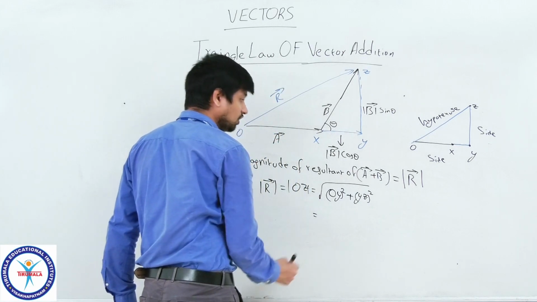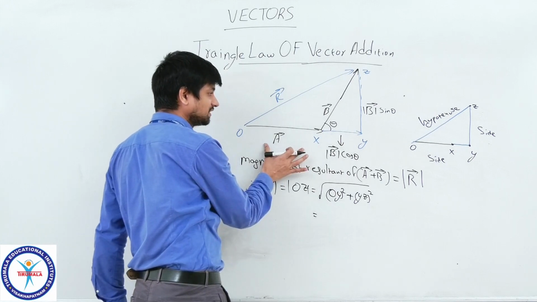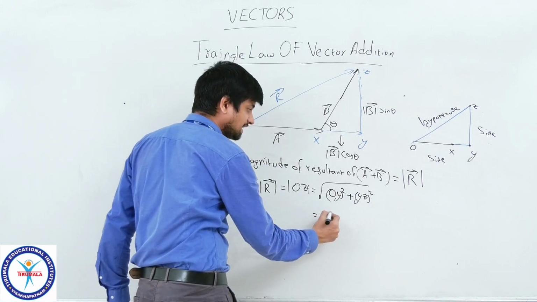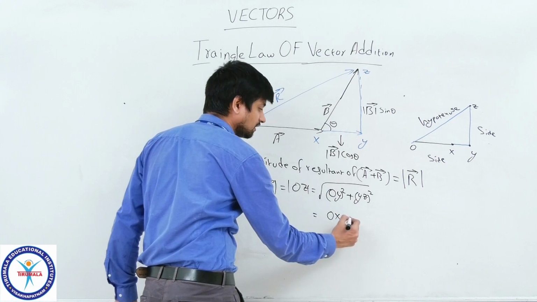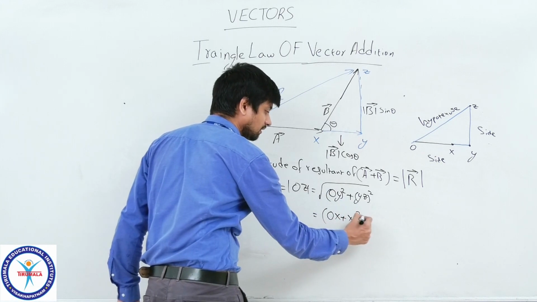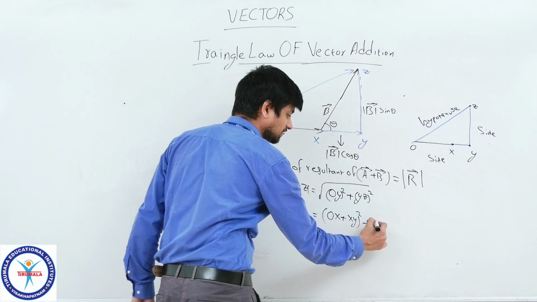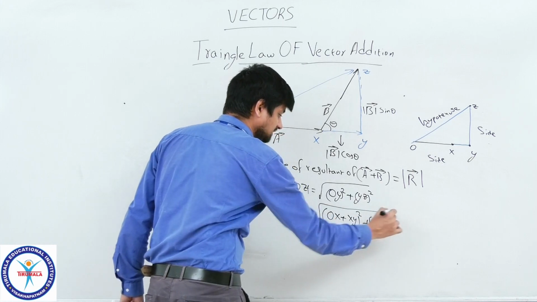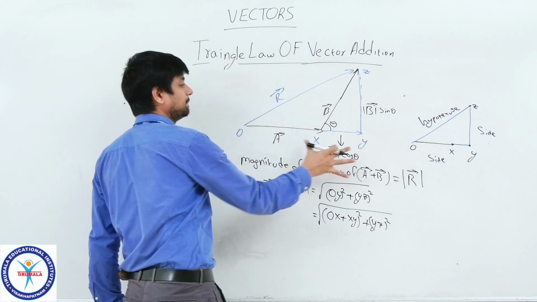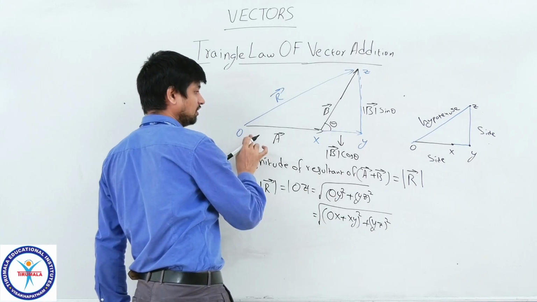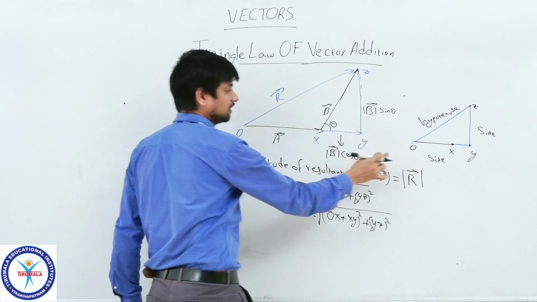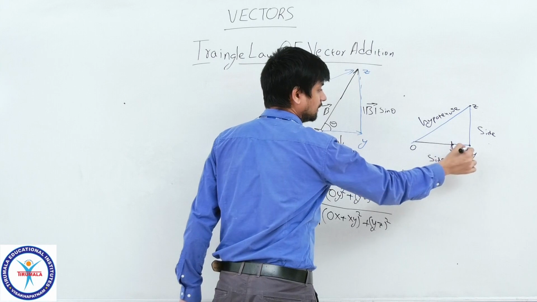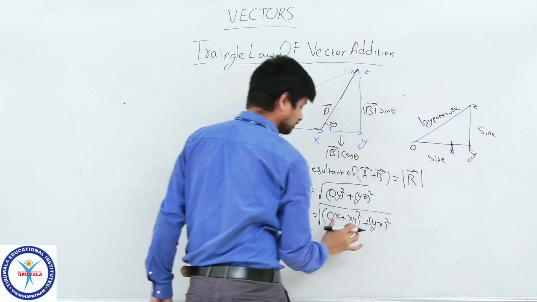So, what happens, children? Can I write OY as OX plus XY, plus YZ as it is? See children, OY has been written as OX plus XY. I added these two.